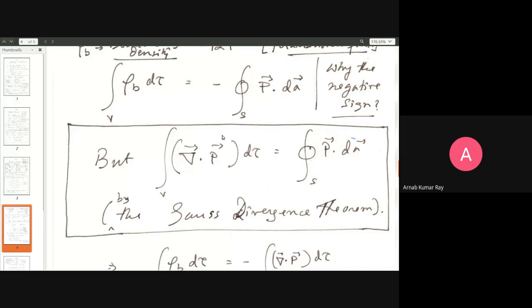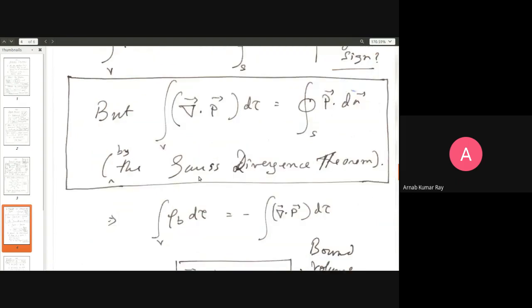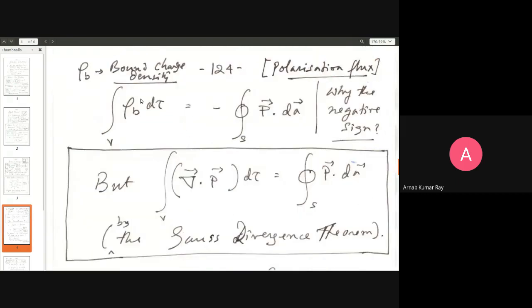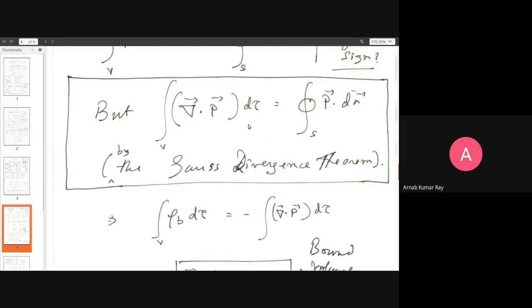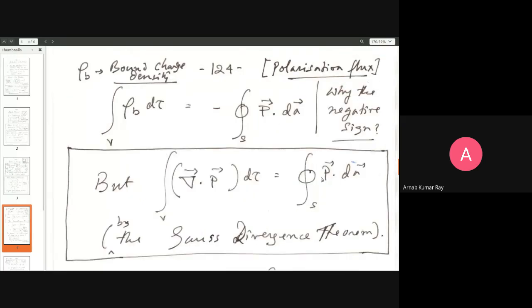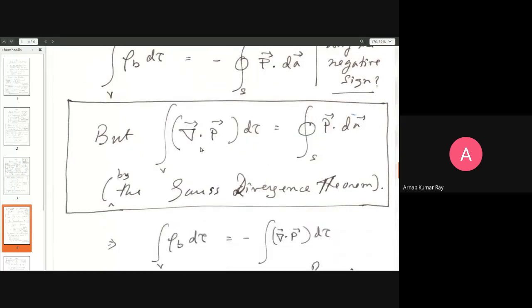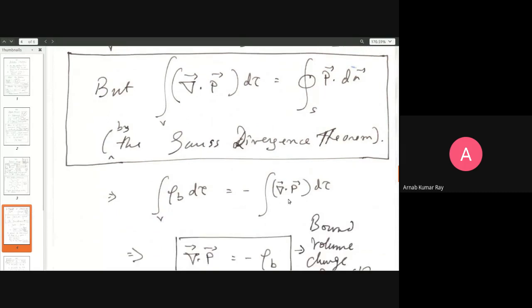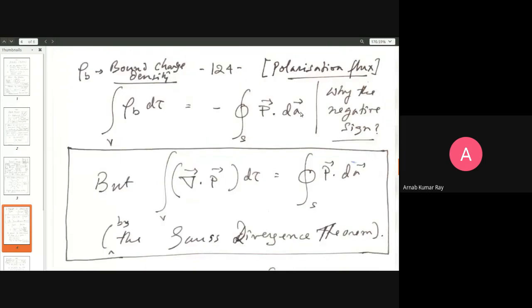That we will substitute by this thing. So you will have rho b d tau from this formula, and this P dot dA closed surface flux will be replaced by a volume integral of the divergence of P d tau. So there's a volume over here, so there should be a subscript V here as well. That point I'll add.